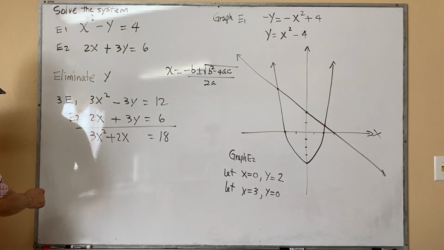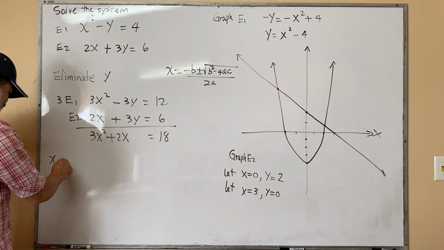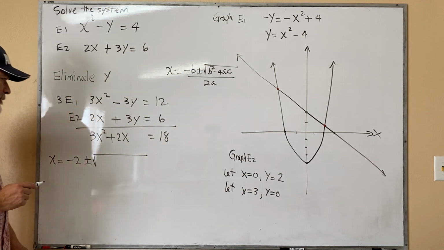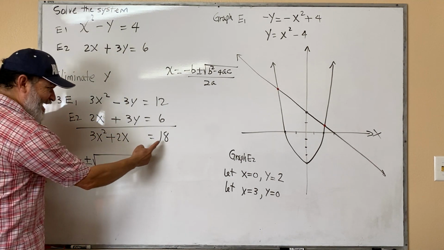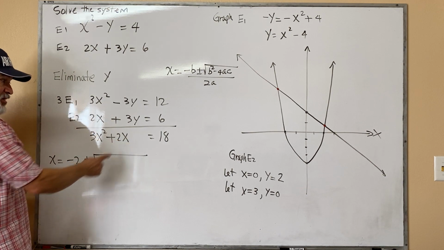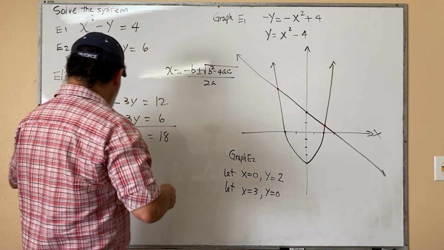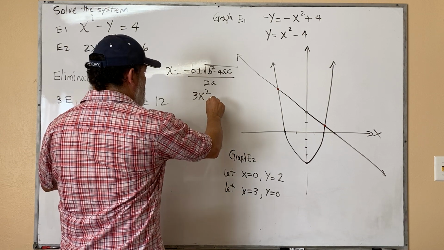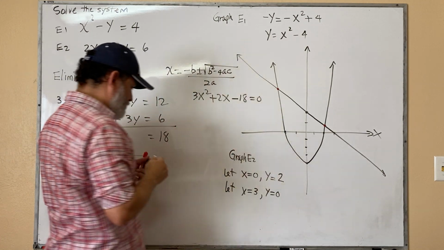Oh, by the way, I'm forgetting something. If you're gonna use the quadratic formula, you gotta bring this to your left. Let's do that first. So here we have 3x squared plus 2x minus 18 equals 0.